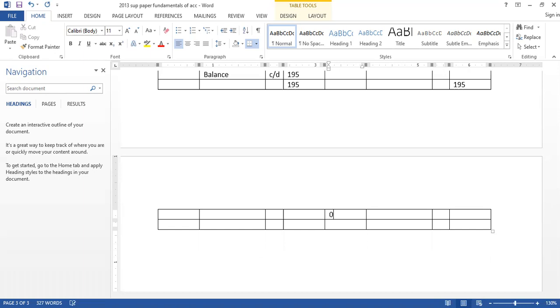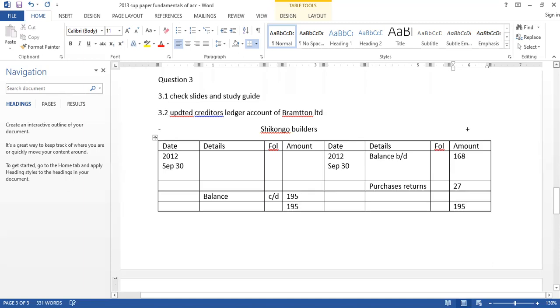Then you have a balance brought down of 195. Okay, so that was our updated creditors ledger account.